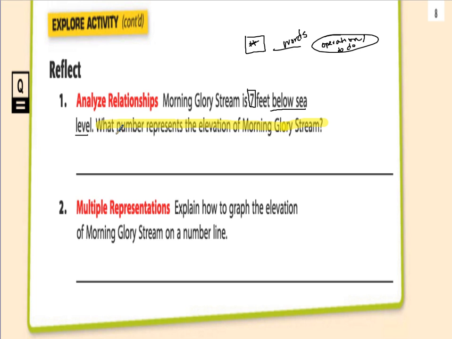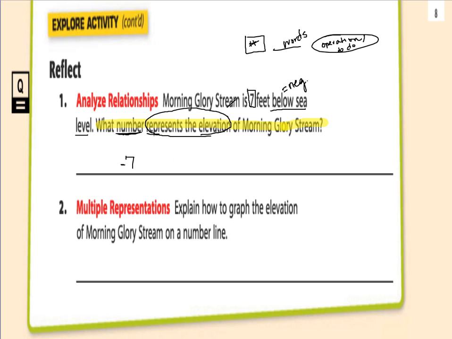So I would actually here circle represents the elevation. That's what we're being told to do, to represent the elevation with a number. So in this case, we know that 7 has to be that number because that's how far it is from 0. And then because it's below sea level, I know that is going to be represented by a negative number. So this has to be a -7.